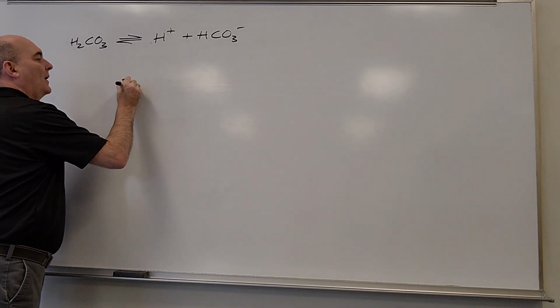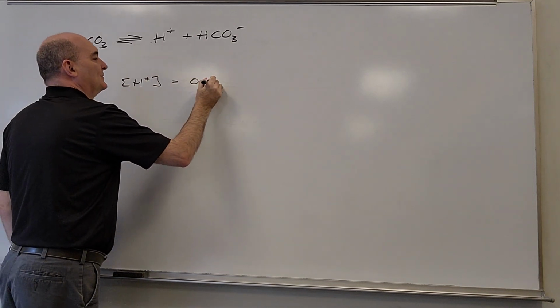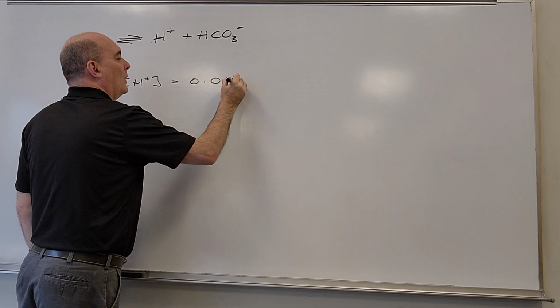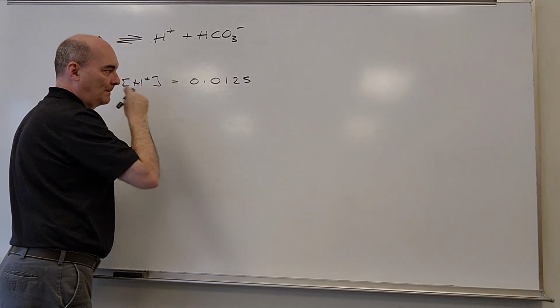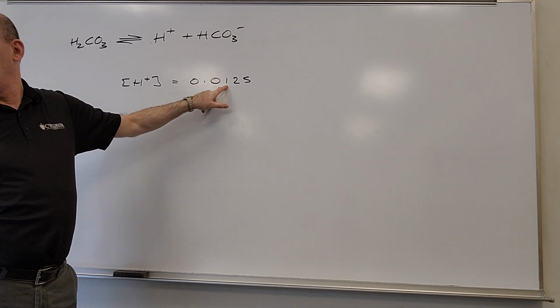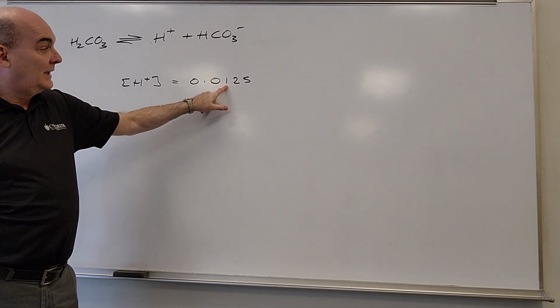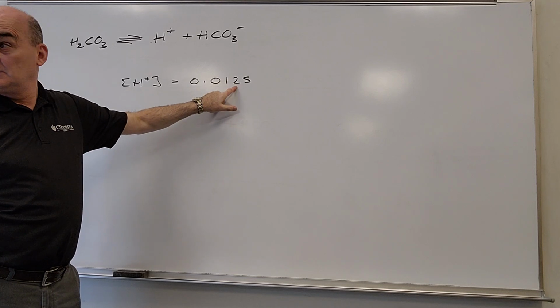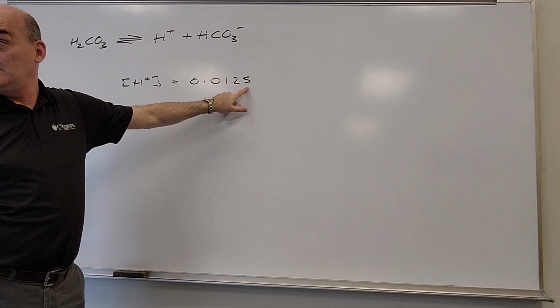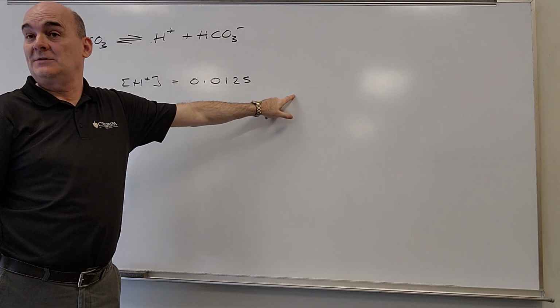So when I go and find my value of H plus and find out that it is 0.0125, a number that is 10,000 times smaller than this number is at the tenths, at the hundredths, at the thousandths, at the 10,000ths position.